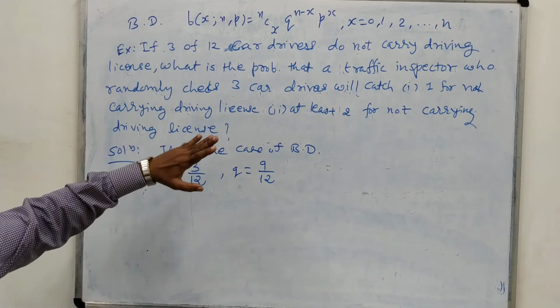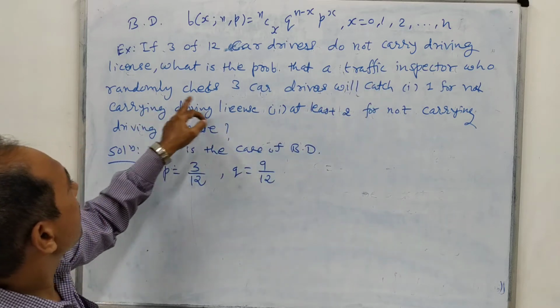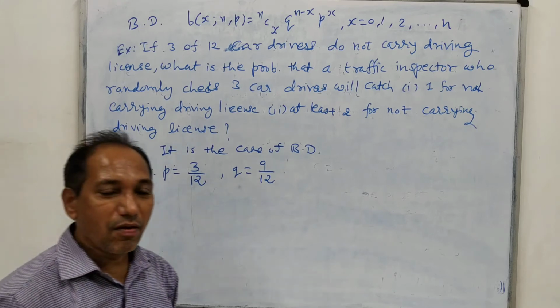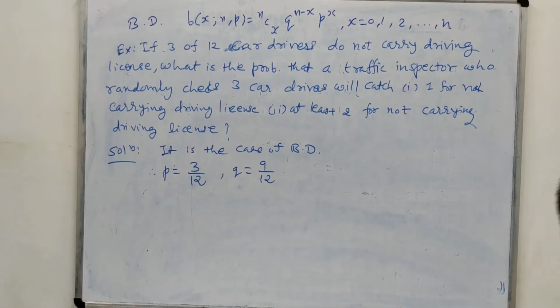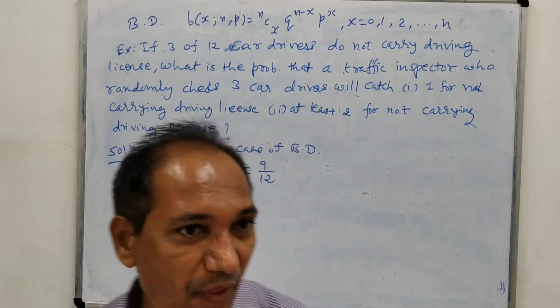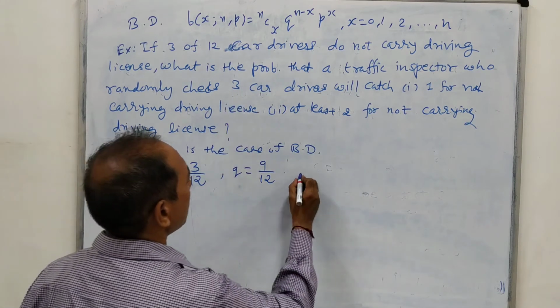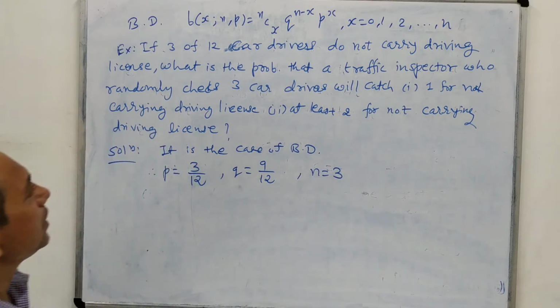It is given that the traffic inspector randomly checks 3 car drivers. That means now it is taking the observation of 3 car drivers. That means n, the number of trials, is 3. So we have small n equal to 3.